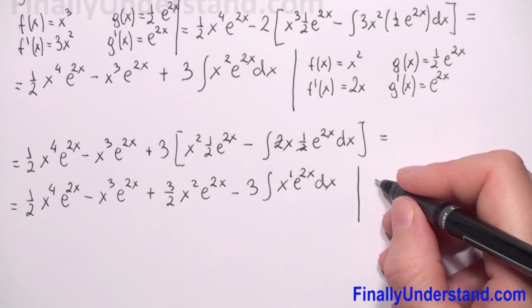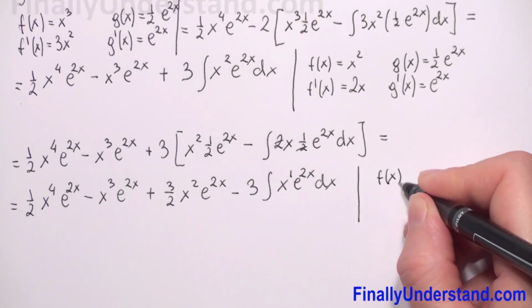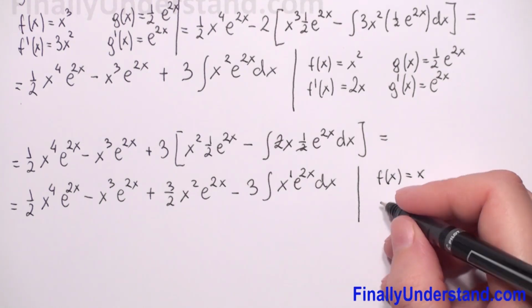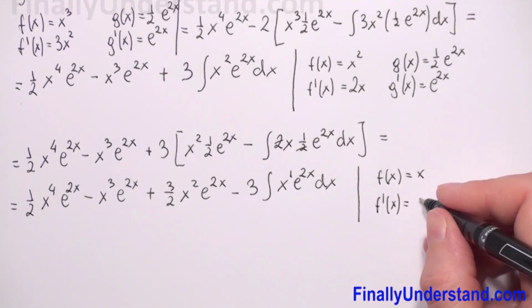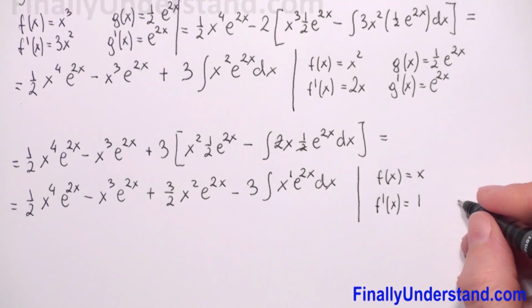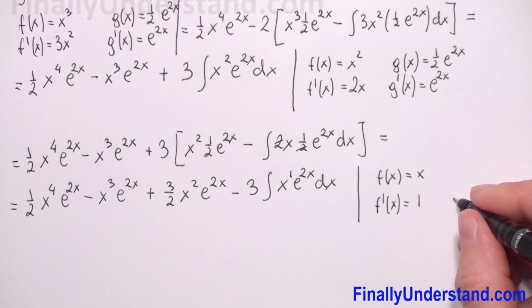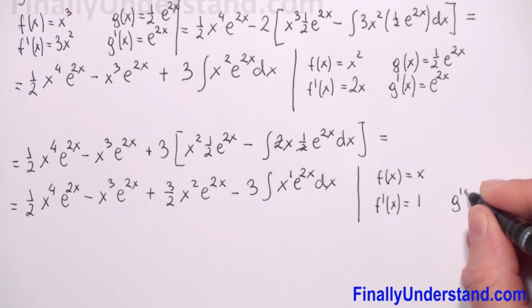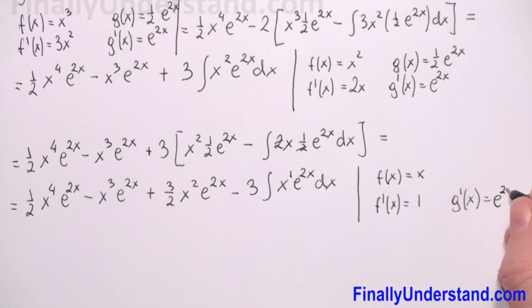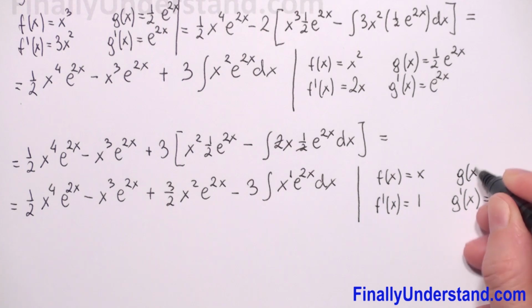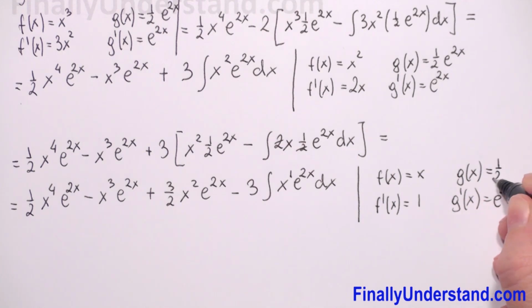Let's put again f of x equals x, because now f prime is 1. So now what is left? G prime of x is equal to our e to power 2x. The antiderivative will be equal to 1 over 2 e to power 2x.